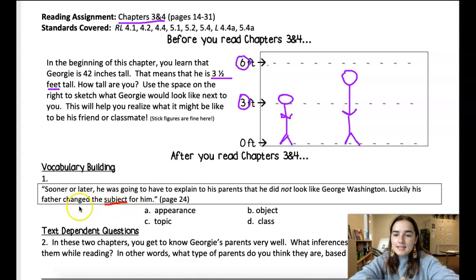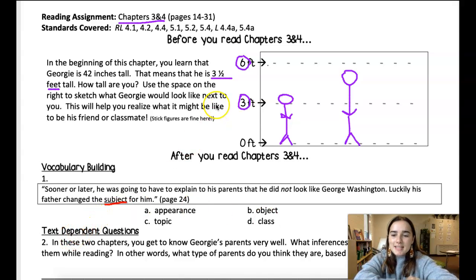Let's read that sentence again to get the context and find a context clue so we can infer what the word means. "Luckily, his father changed the subject for him." When someone changes the subject, are they talking about an appearance, an object, a topic, or a class? Figure that one out on your own.